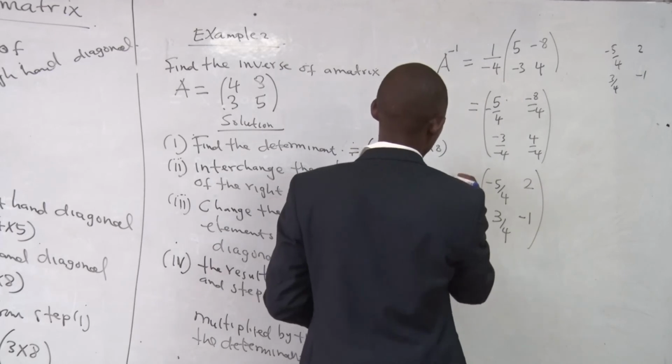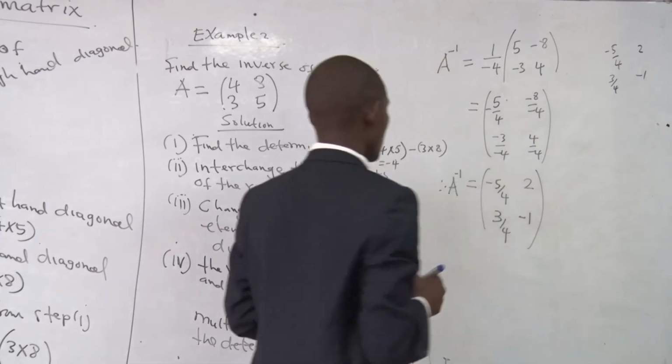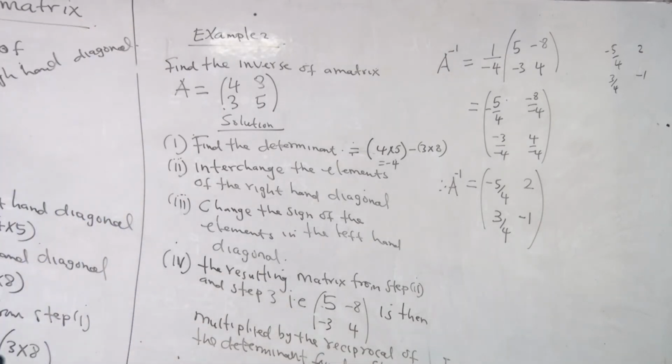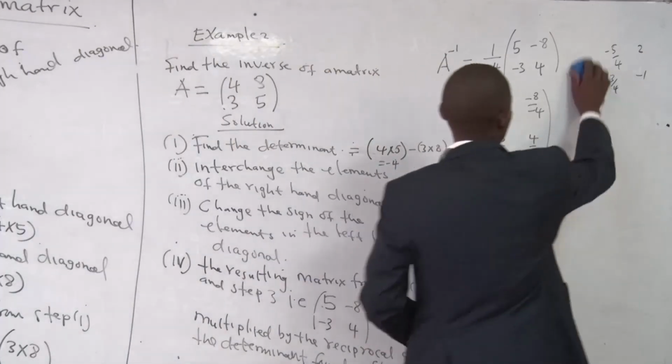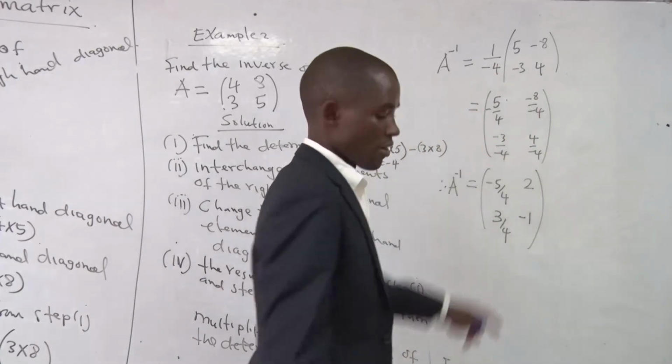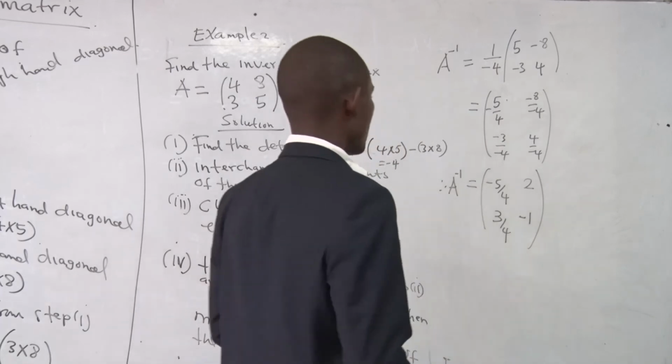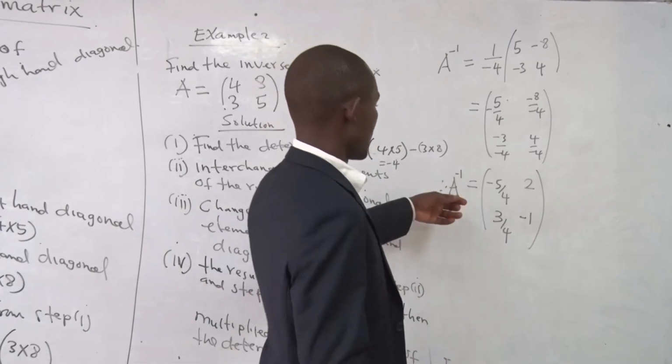So the inverse of that matrix becomes -5/4, 2, 3/4, -1. That is the inverse of this particular matrix.